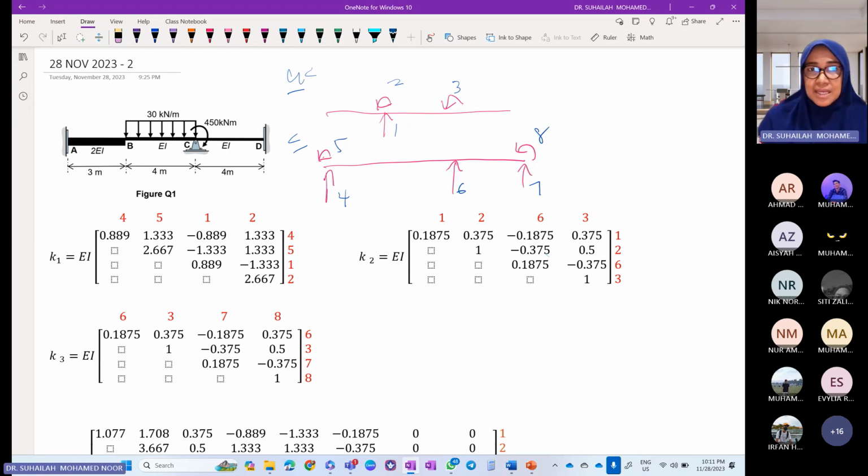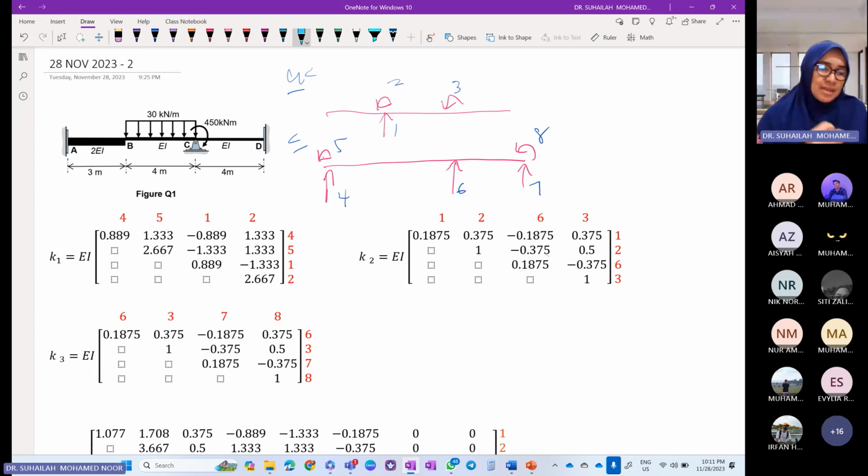And another thing is when there is a loading at that point, and we want to know the deflection and rotation at that point.